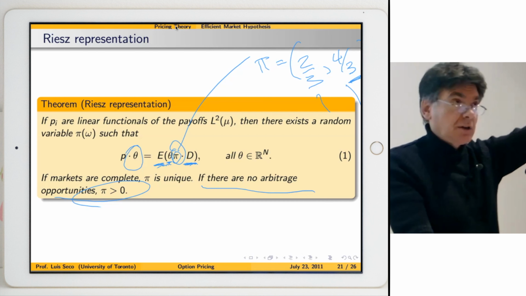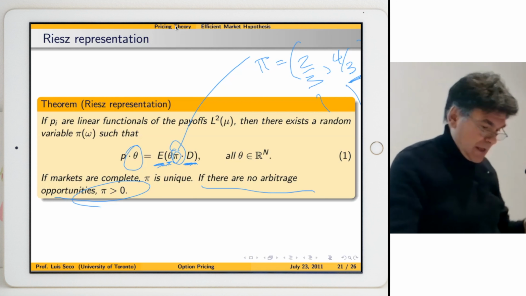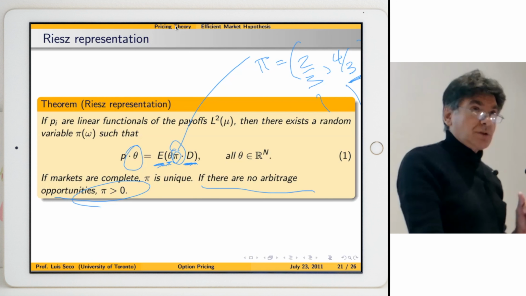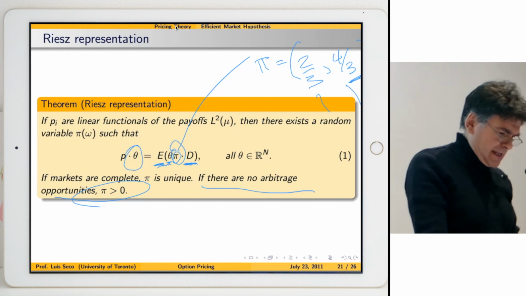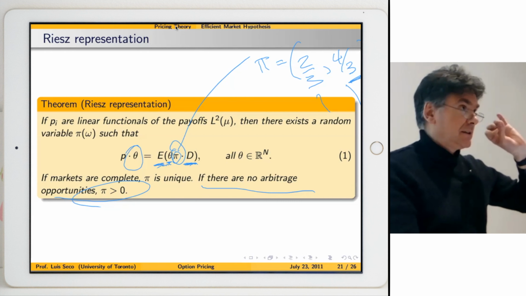We showed that calculation earlier, right? Someone who's fresh, can we calculate this pi in that situation when the option is a half?